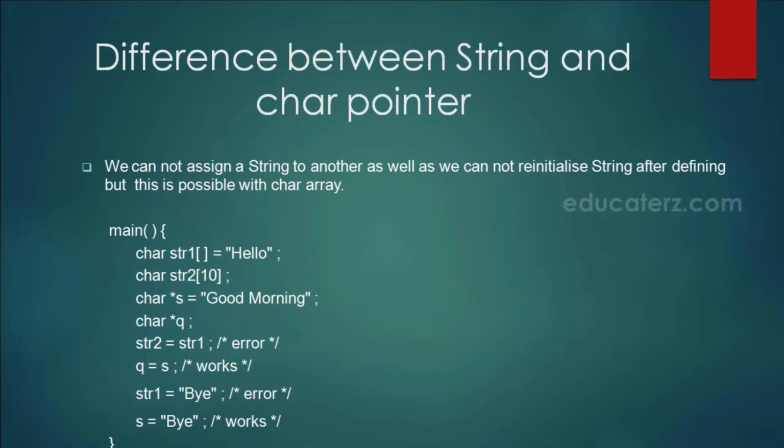Similarly, str1 cannot be reinitialized to some different value, but a character pointer can be assigned to another string, because that string is holding different memory and this pointer is just holding the address of the new memory, which is perfectly fine. If we want to assign one string to another string, we have to assign character by character to another array of a similar size.